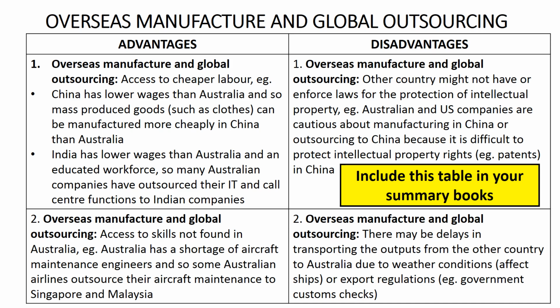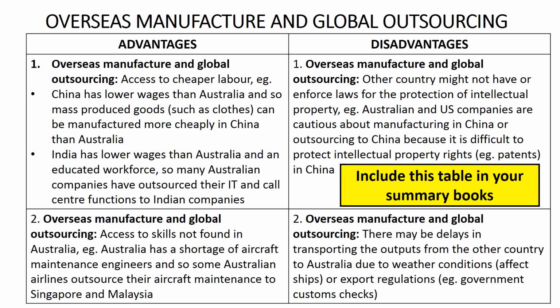This is a particular problem in China. Many Australian and United States companies are cautious about manufacturing in China because there's little legal protection against other Chinese manufacturers copying their products and selling them at a cheaper price. In fact, this is a major cause of tension between the United States and China at the moment.